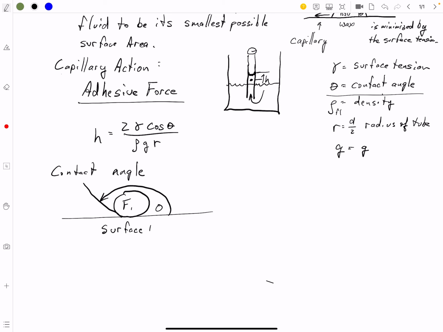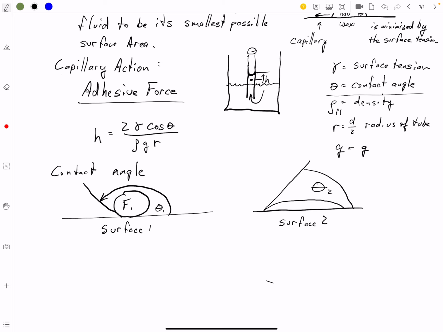That's our theta contact angle. And then we can come over here to surface 2. On this surface, we've got this very slight beading happening, and our contact angle is something like that. So that's our contact angle for 2, and this is our contact angle for 1.